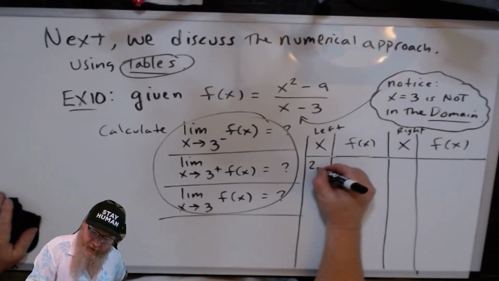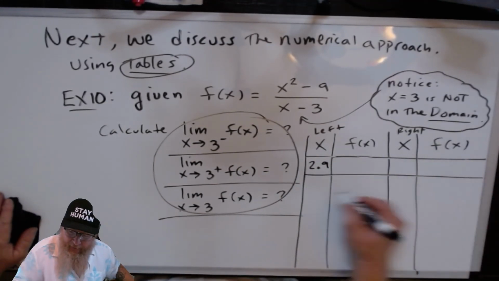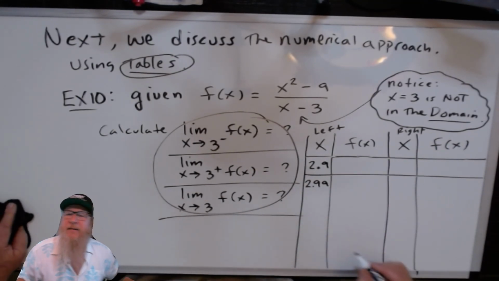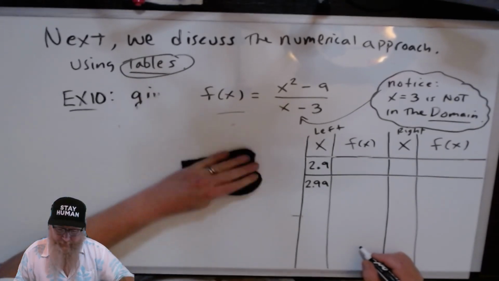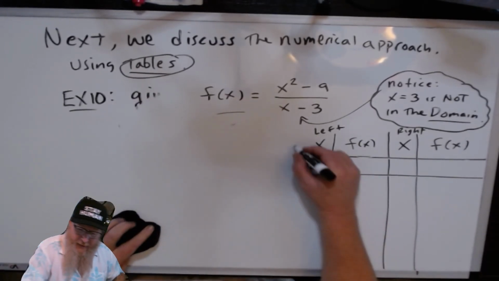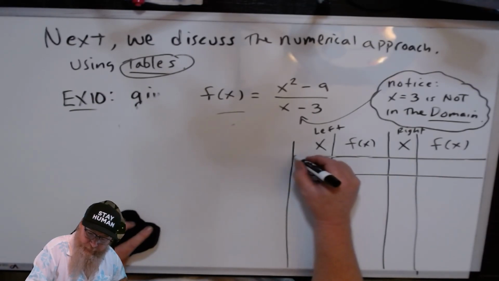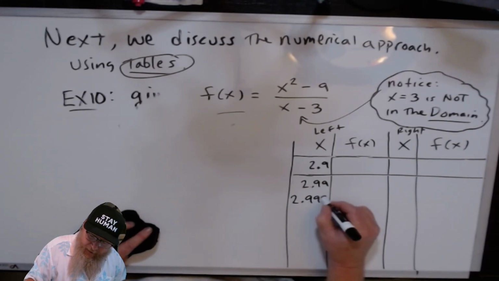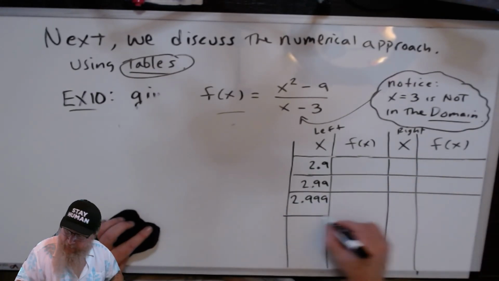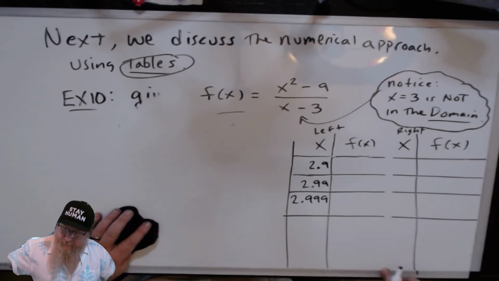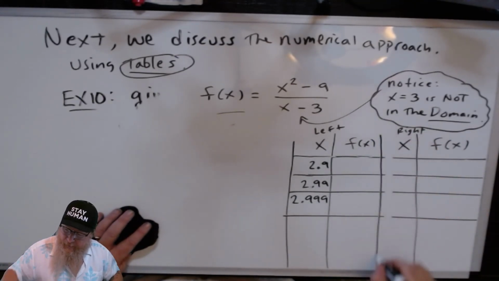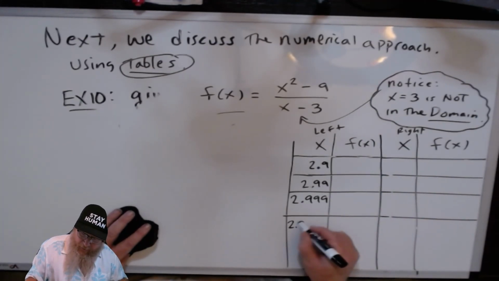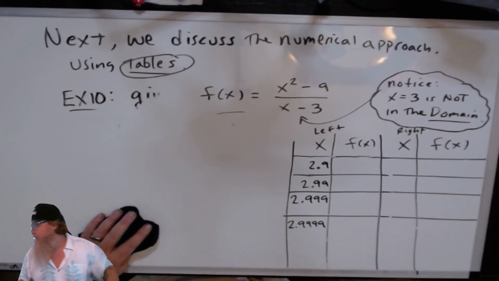So we'll start with 2.9, 2.99, etc. Probably going to need a bigger table. We're going to need a bigger boat. 2.999, 2.9999.